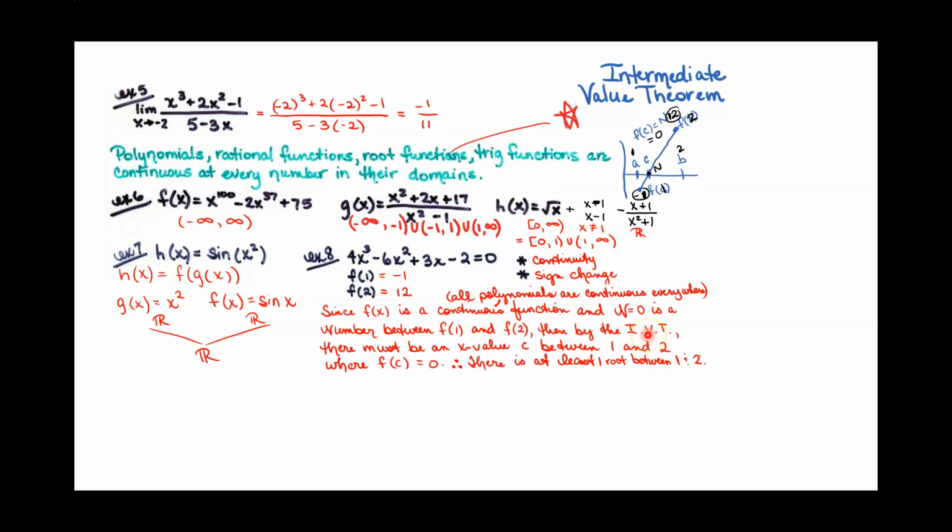Then by the intermediate value theorem, if I have a y value in between these two y values, there has to be an x value in between these two x's that goes with it. So there has to be an x value that's between 1 and 2 that would go with that y value of 0. And therefore we know that there's at least one root between 1 and 2. So that's how the intermediate value theorem could be applied in that situation.